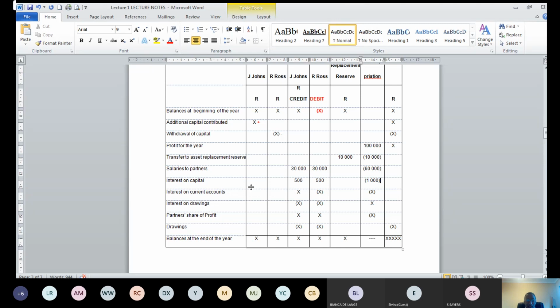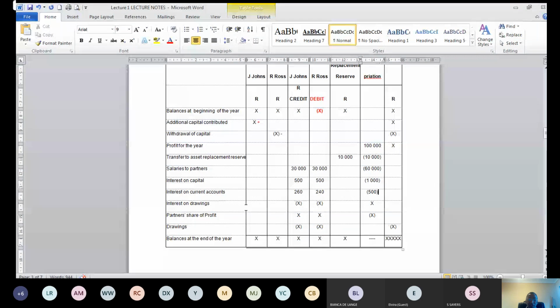If the partnership must pay them interest on current accounts, you transfer to their current accounts. Say this one 260, and this one must get 240, transferred to their current accounts, but the available profits will decrease by 500 Rand. There will be 500 Rand less profit available.